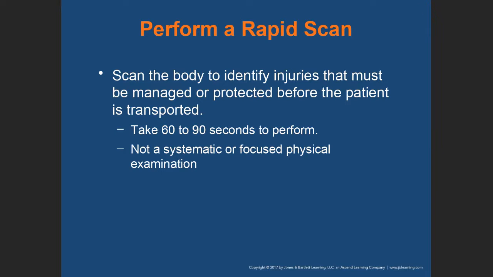And you will be using your DCAP BTLS, right? Later down in the PowerPoint, you'll come across that acronym. Not going to go into it now, but you're using DCAP BTLS at this point.